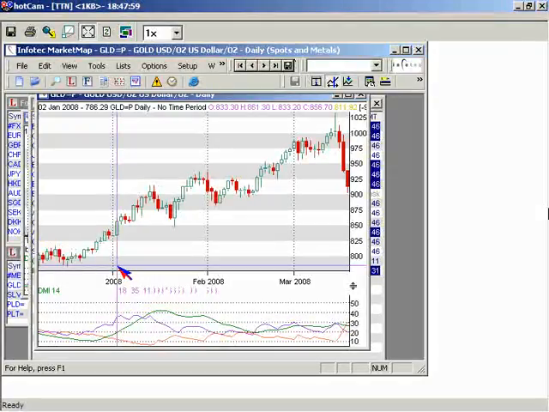Either you stick with the system or you let the emotions overtake you. But in the end, I've had the same feeling in my stomach on every position that's been elected by a signal, whether it ends up to be a numerous big figure winner in the currencies or a nice commodity trade or a big loser where I get stopped out. It's always been the same feeling in the stomach.